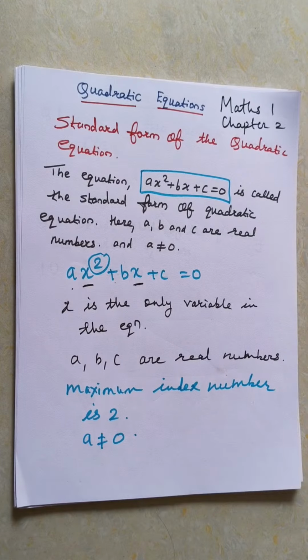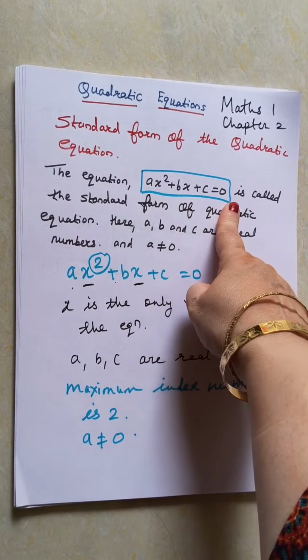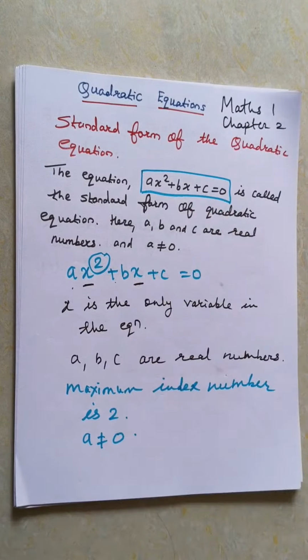Okay, everyone. So basic concepts are clear. Please reply to me if your basic concepts are clear, then only we can move forward. Let me see your answers on screen, that you understood which is the standard form of quadratic equation, that is ax square plus bx plus c is 0, where a, b, c are real numbers.